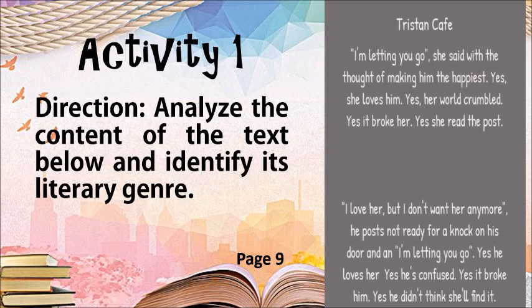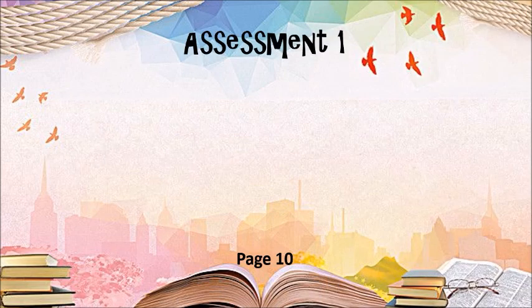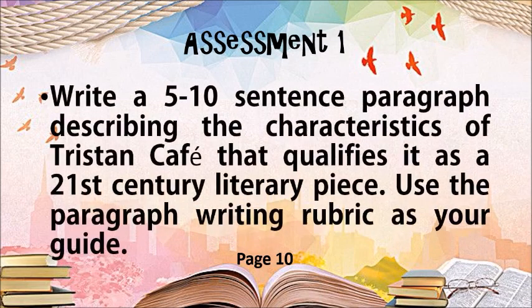On page 9, you're going to read the text entitled Tristan Cafe. You are going to analyze the context or the meaning of the text and identify the genre of this literary piece. You are going to do that later.